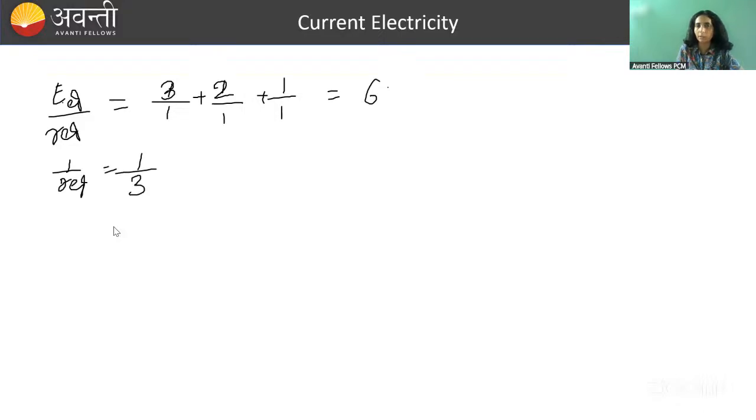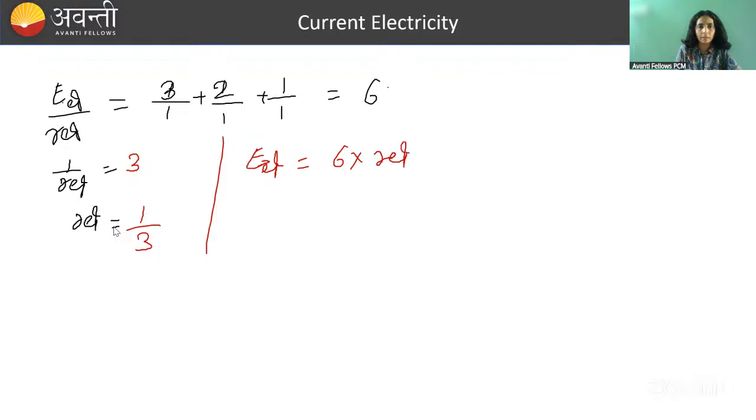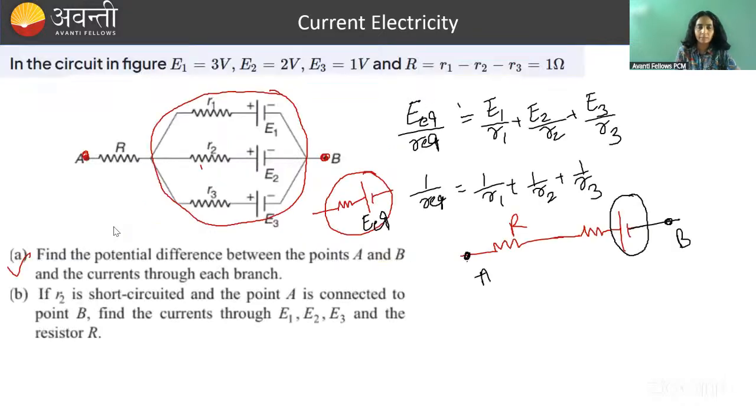All three are in parallel, so 1 by R equivalent will be 3. So R equivalent is 1 by 3. And from here, E equivalent will be equal to 6 into R equivalent, that is 6 into 1 by 3, and that will give you 2 volt. So first answer we got.